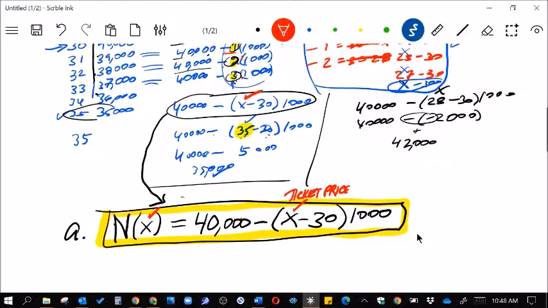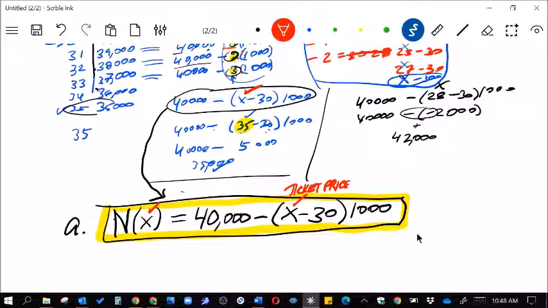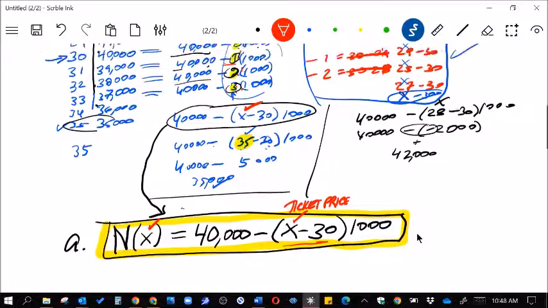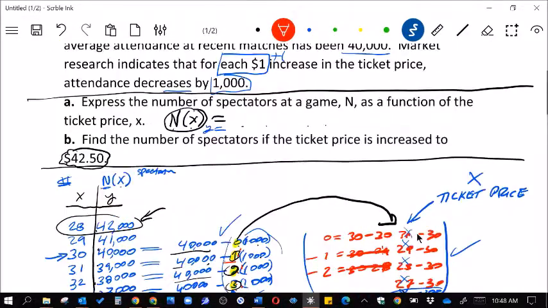It looks like a complicated equation, but it's really not that much. This amount gives you the increase or decrease times 1,000, the number of people you lose or gain based on increasing and decreasing the ticket price. Then you subtract that from the 40,000 or add it to the 40,000 to get the total number of spectators at a game.